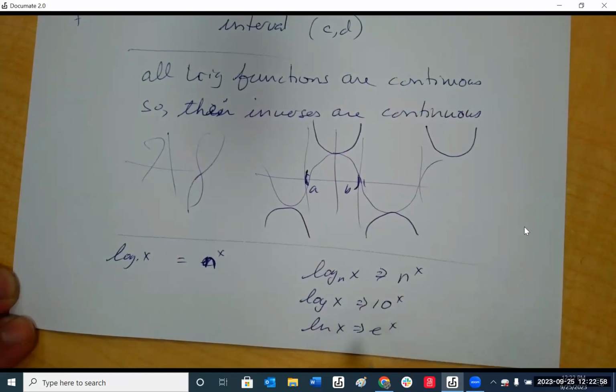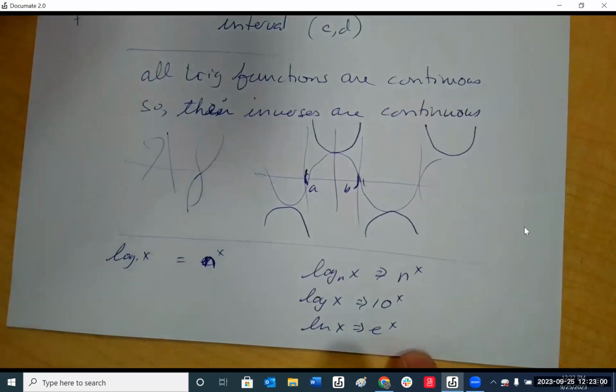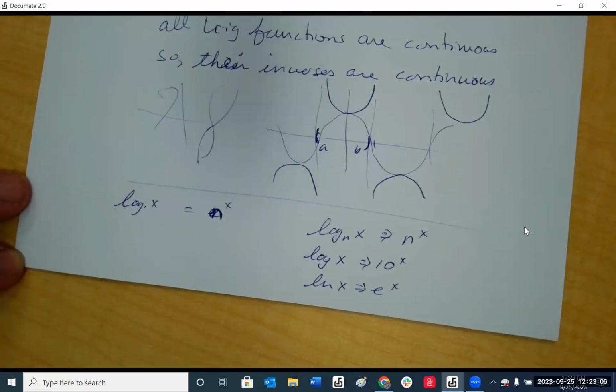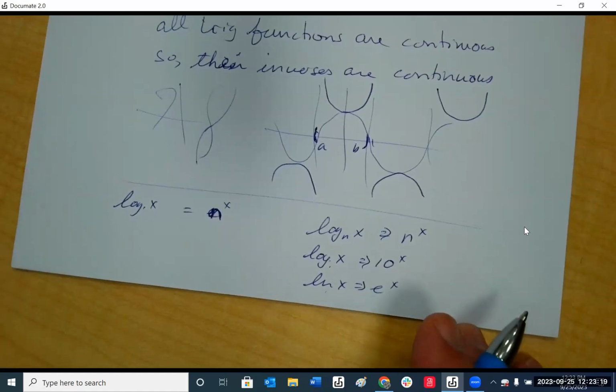These are the inverses. Remember, log with no base written is base 10, and ln is log base e.